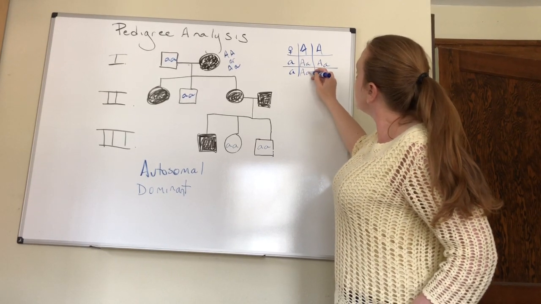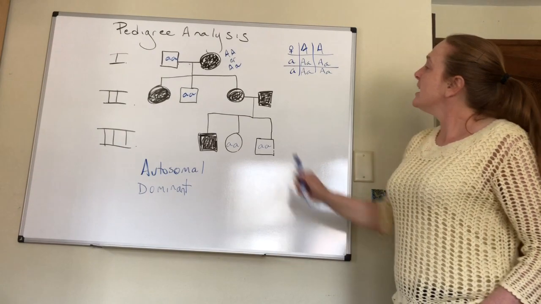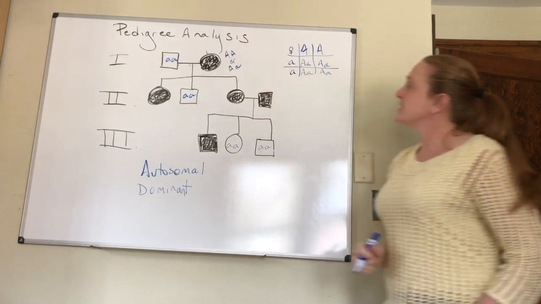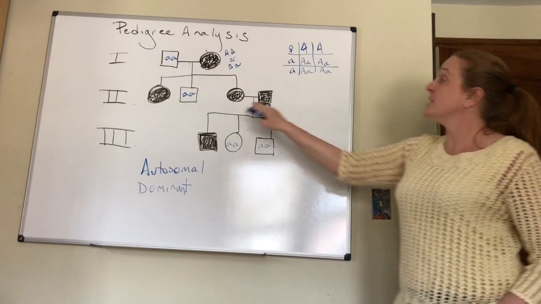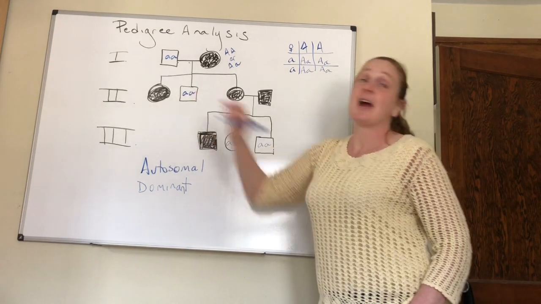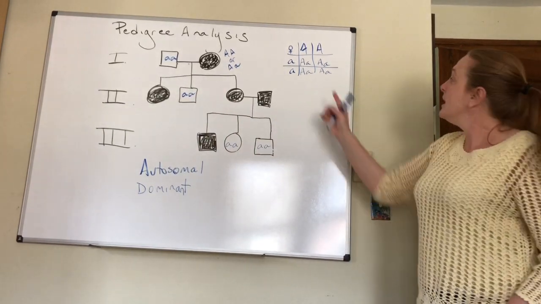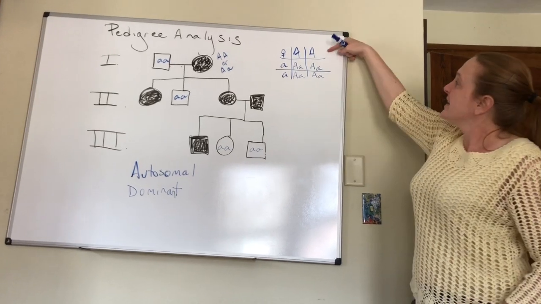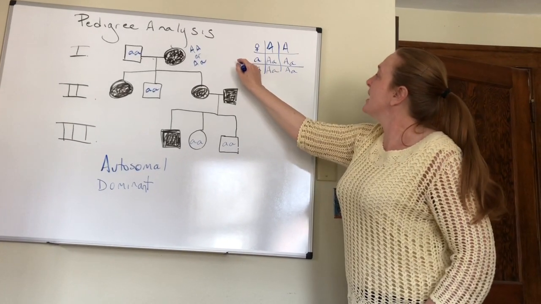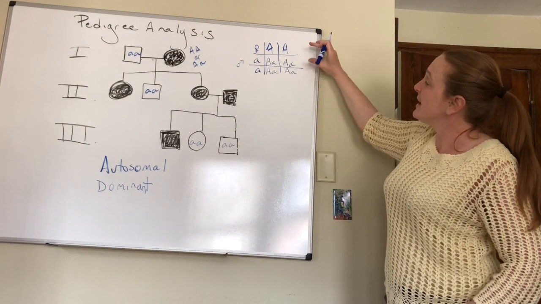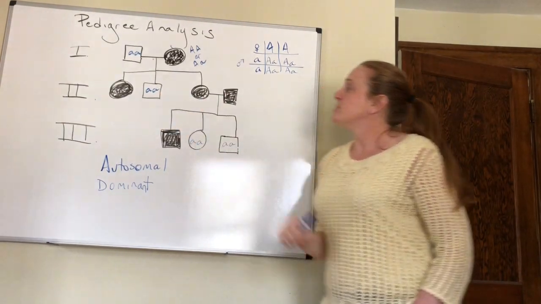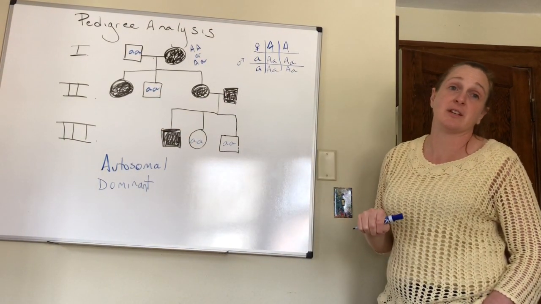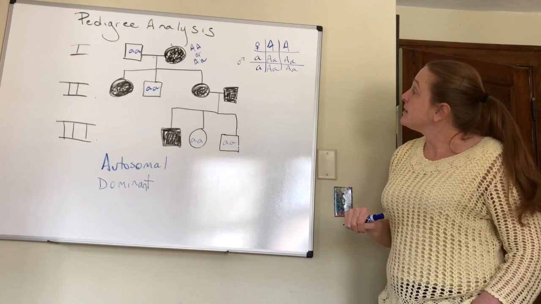And essentially what I'm asking myself is, if my female has that homozygous dominant genotype, could she have made offspring that have the recessive phenotype? Looking inside of my Punnett square, there's no way that if my female had that homozygous dominant genotype, she could have made individuals that have that homozygous recessive phenotype.